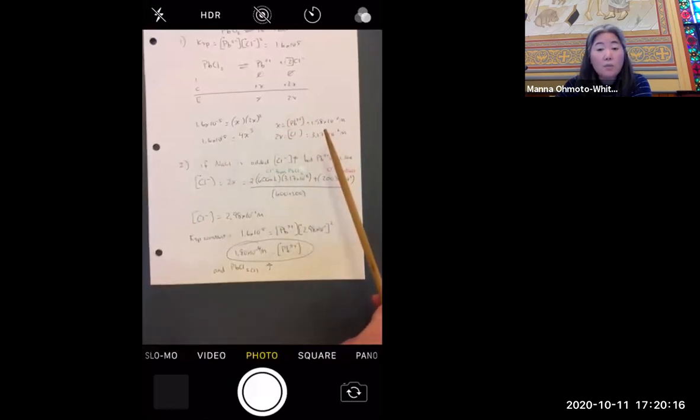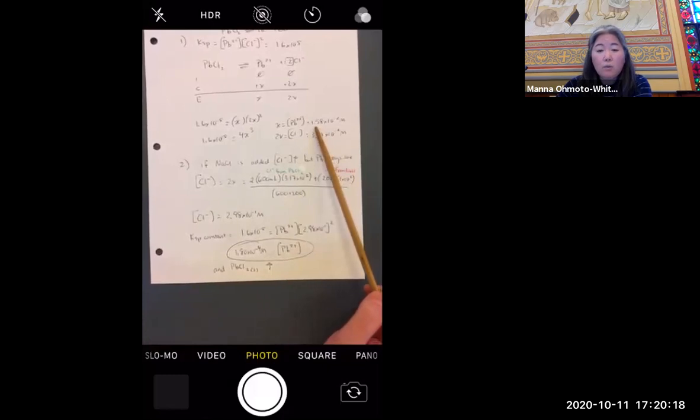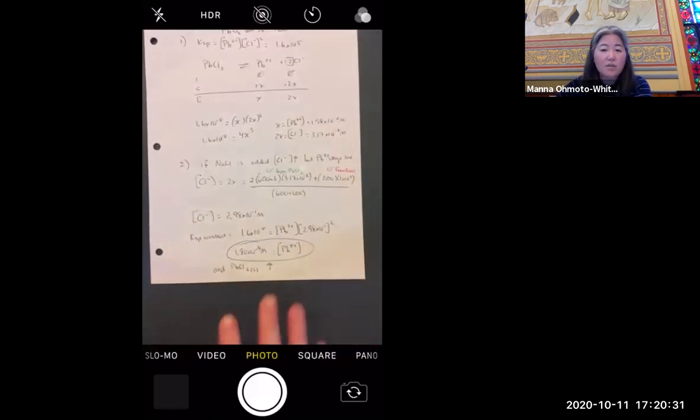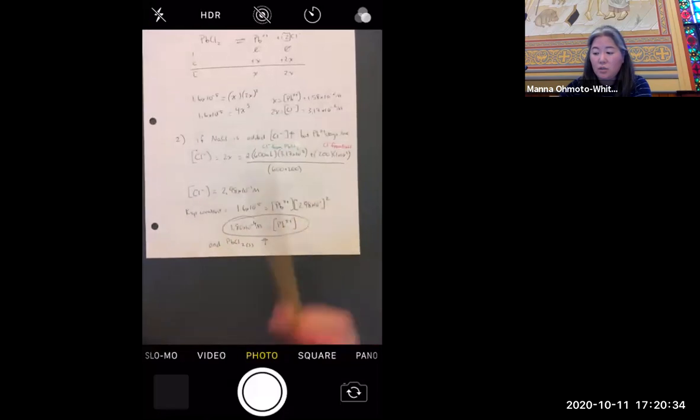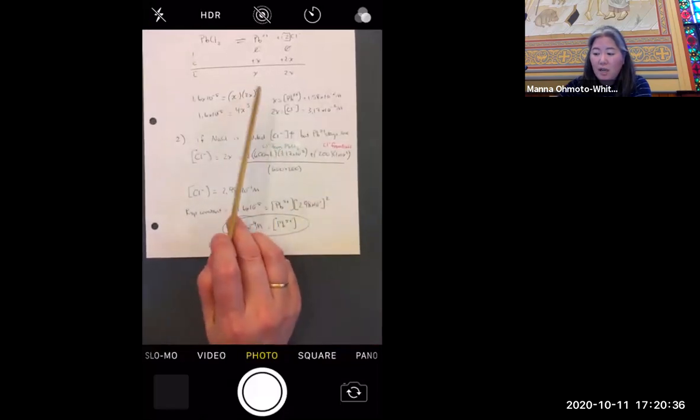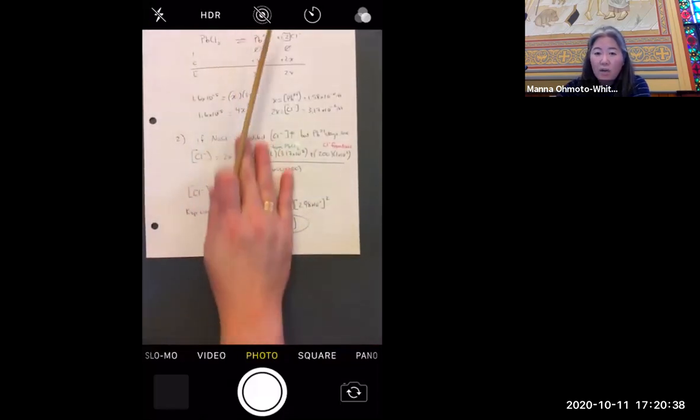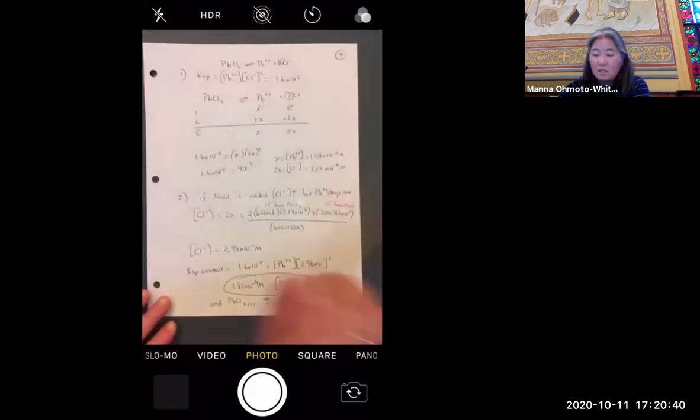So at equilibrium, I expect to have 1.58 times 10 to the negative second moles per liter of lead-2 ions, and twice that, or 3.17 times 10 to the negative second moles per liter of chloride ions. I'm at equilibrium. So if I then add sodium chloride to the solution, if I add more chloride ion, this goes up.